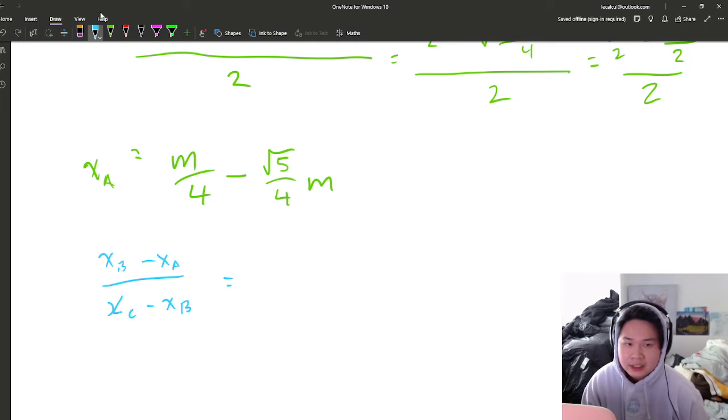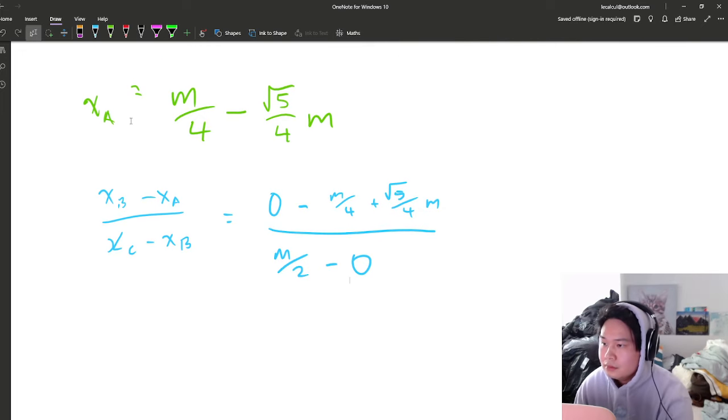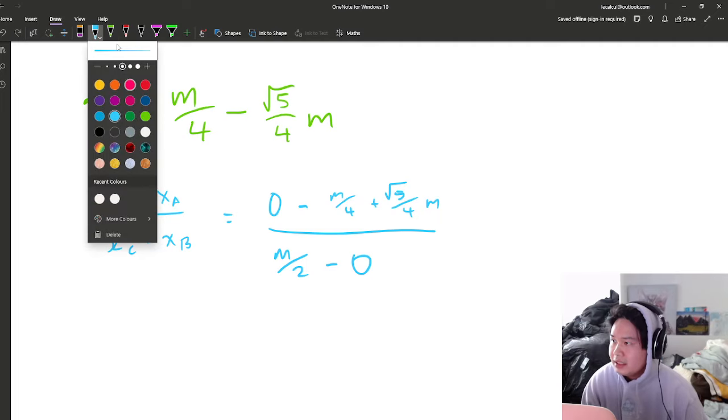Okay, we know all of these values. 0 minus m over 4 plus root 5 over 4m over, c was, what was xc? That was m over 2, right? Minus 0. Okay. Oh, this is nice.